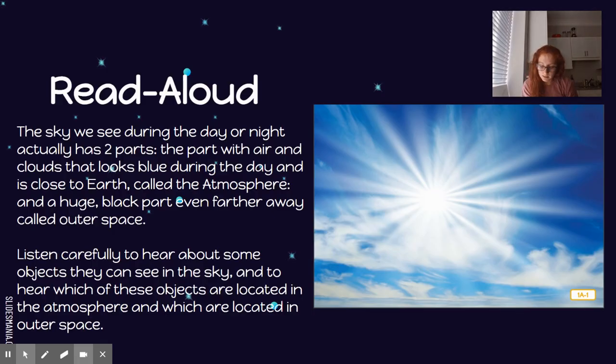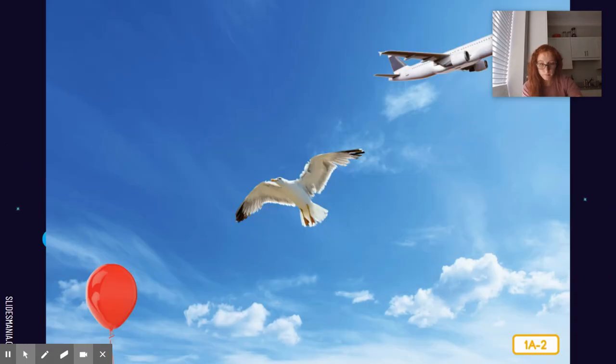Have you looked up at the sky lately? What did you see? Perhaps you saw a clear blue sky, or maybe there were a few puffy white clouds floating around, or maybe the sky was streaked with gray clouds. Occasionally, when you look up in the sky, you can see an airplane or a bird flying by, or even a red balloon someone accidentally let loose.